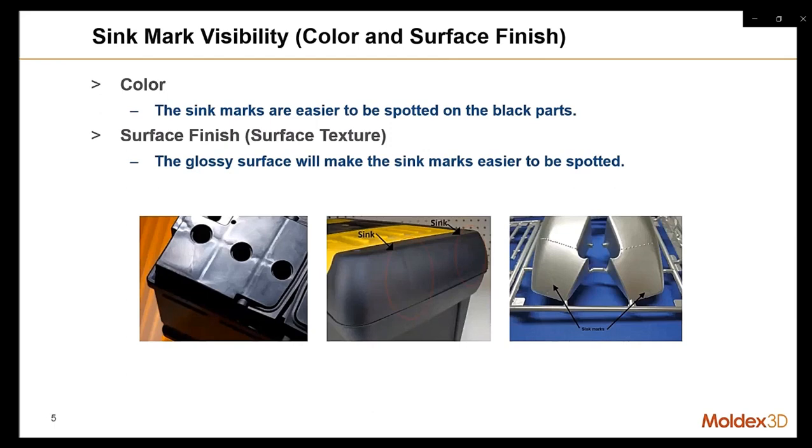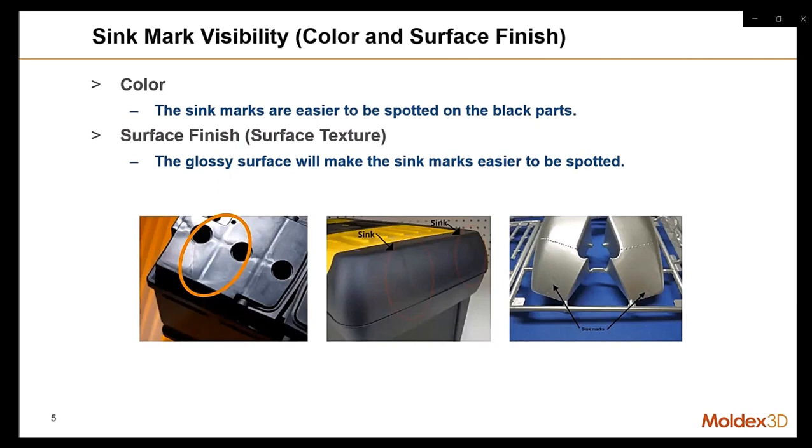So the way to help ignore the seam mark is to choose a lighter color for the part. For example, we can choose gray, and it will help us ignore the seam mark, even though the seam mark is still there.